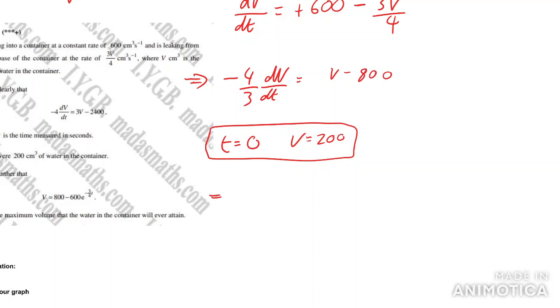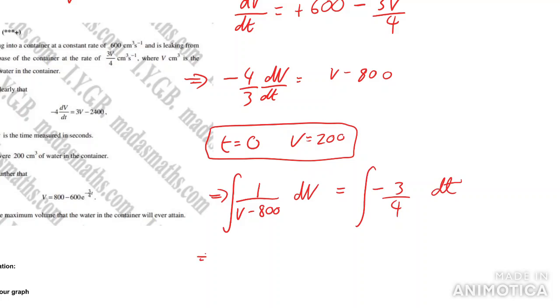And so now rearranging that, we've got 1 over V minus 800 dV is equal to minus 3 over 4 dt. Integrating both sides, we've got ln of V minus 800 is equal to minus 3 over 4 t plus c.